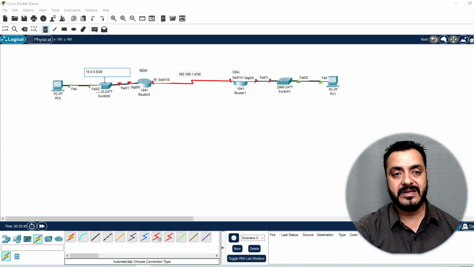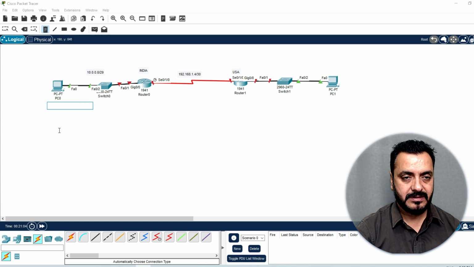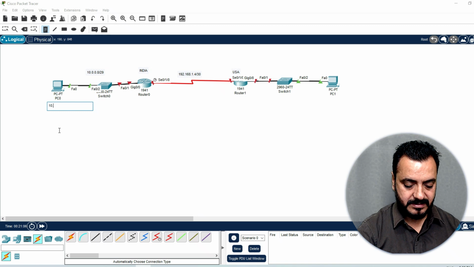So .9 is your first IP, so that we will use on the India router gigabit Ethernet interface afterwards, and on this end device we will use the second IP, that is 10.0.0.10/29 afterwards.